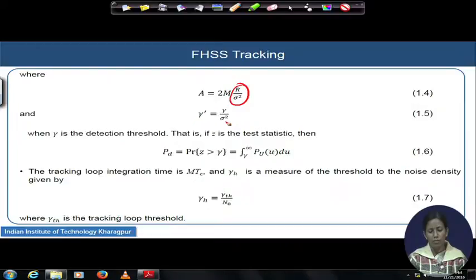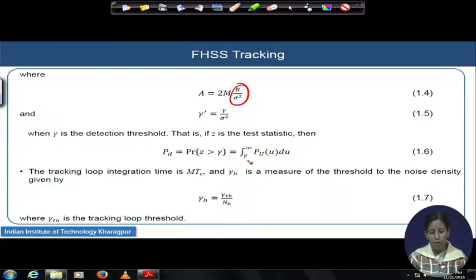So the detection probability is the probability that the test statistic crosses the threshold, which can be expressed as the probability of going from gamma to infinity.